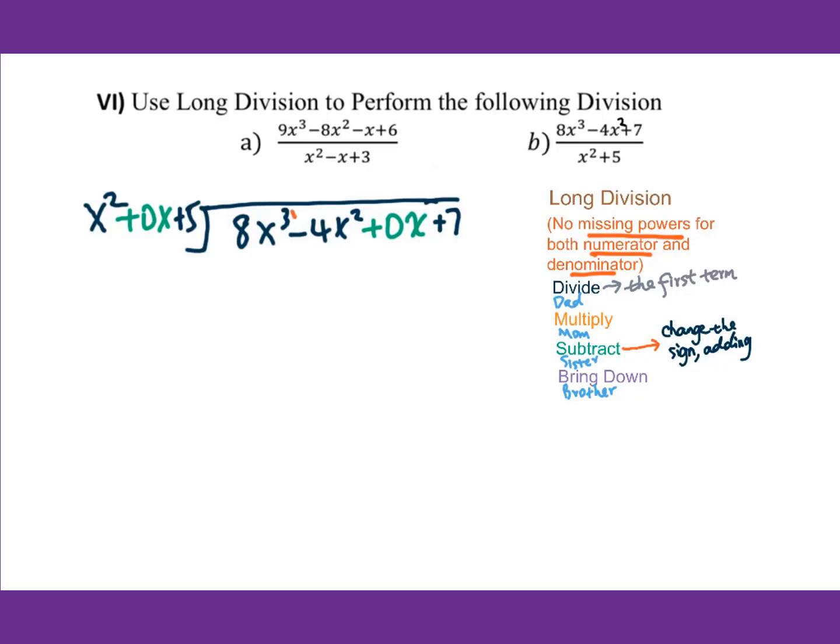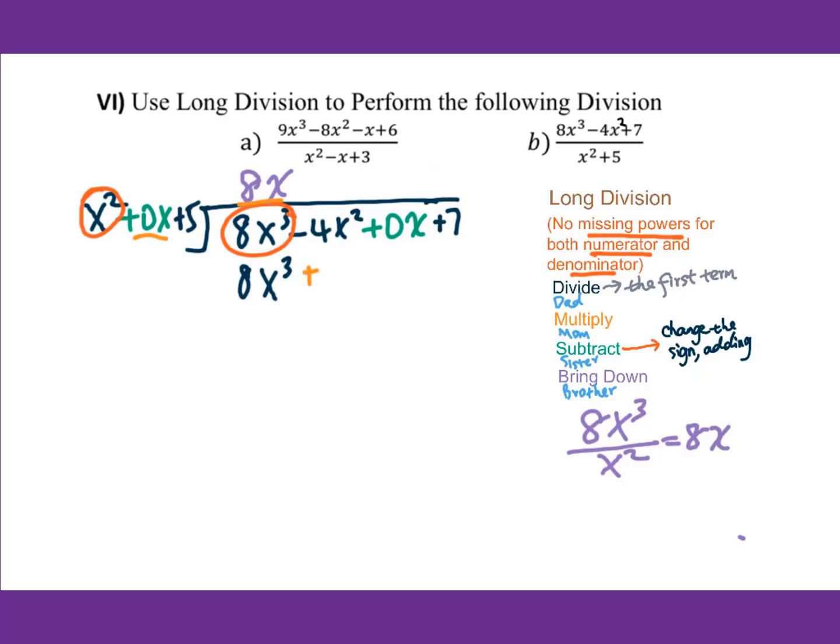Divide means the first term divide. So we get 8x third power divided by x squared equals 8x. So we got the 8x here. When you do multiplication, the first term will be the same. Therefore, we got the 8x third power. Then do multiplication. 0x multiplied by 8x, that is 0x squared.